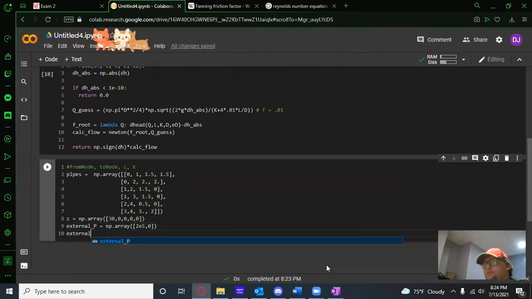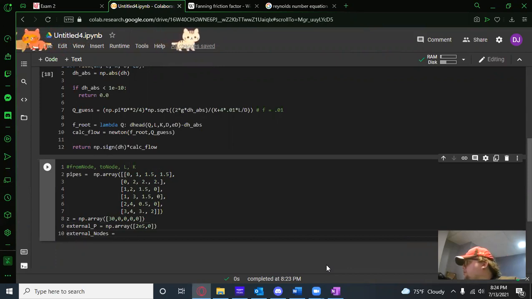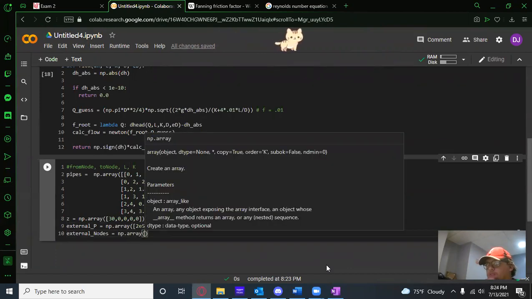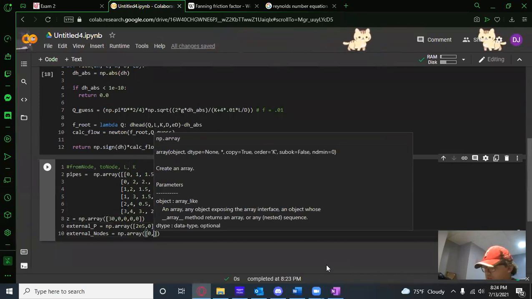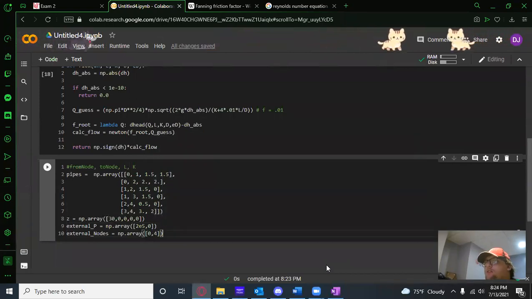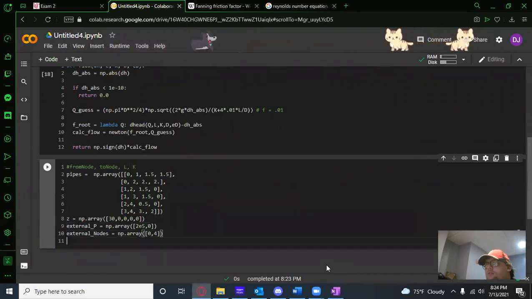We'll go ahead and denote here external node, np.array, and go 0, 4. Node 0 and node 4 are the external nodes.